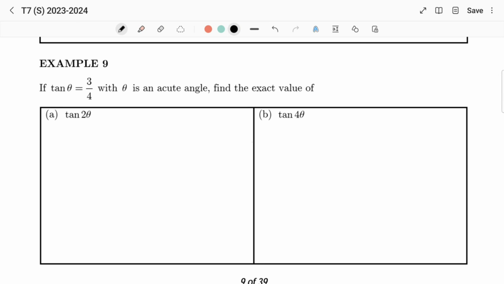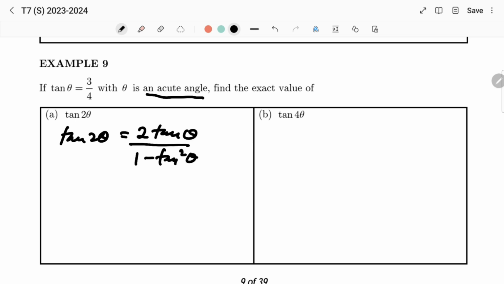Example 9. If tangent theta equals 3 over 4, with theta an acute angle, find the exact value for tangent 2 theta. Using the formula, we know that tangent 2 theta is 2 tangent theta over 1 minus tangent squared theta. We know this is an acute angle, so it should be in the first quadrant.